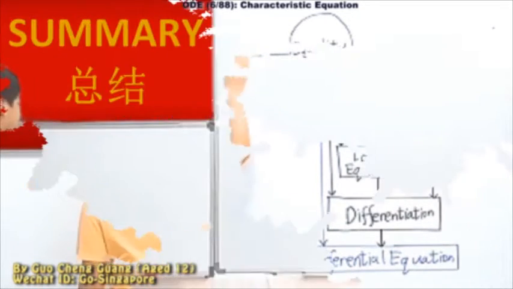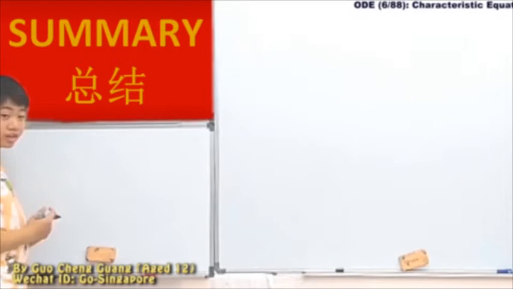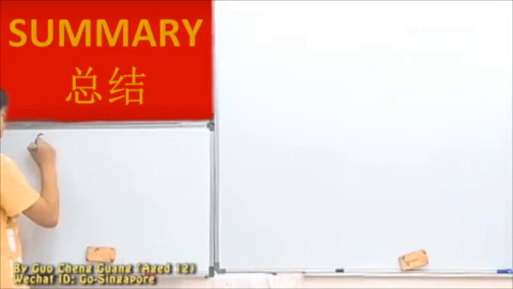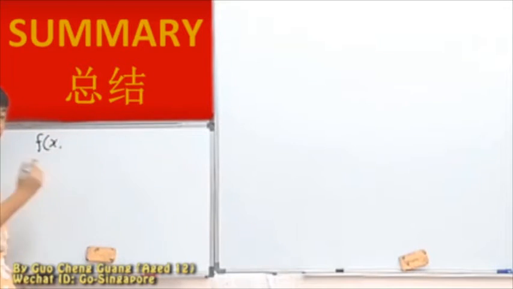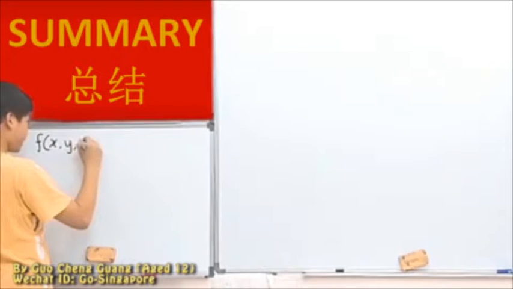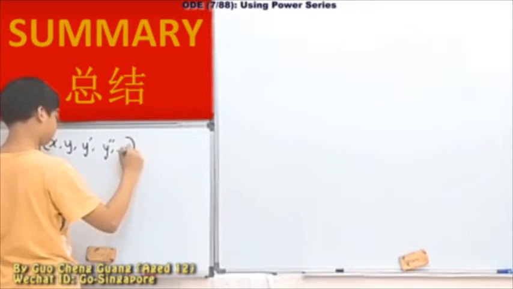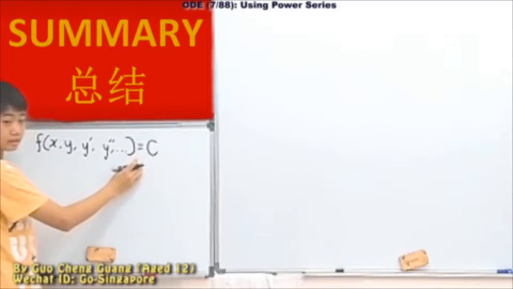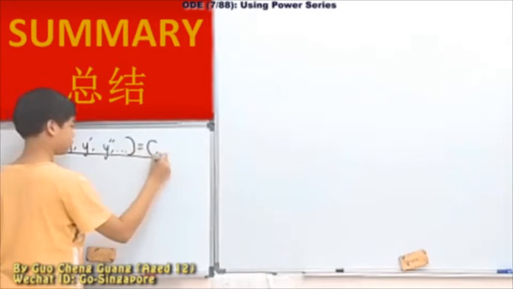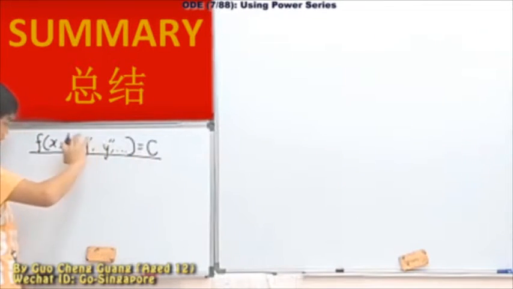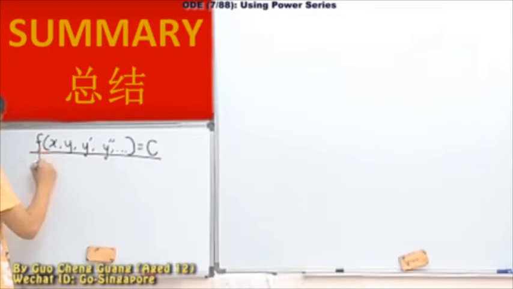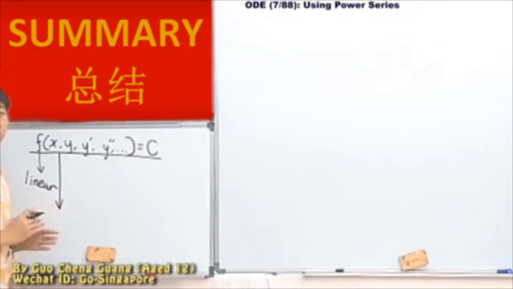For all these ordinary differential equations, we can write it as f of x, y, y first derivative, y second derivative, and so on, equals c. For this whole ordinary differential equation, it might be linear. It might be possible. How about homogeneous?